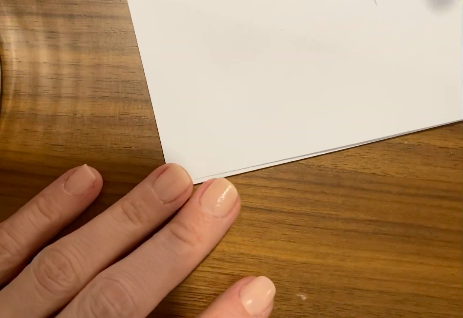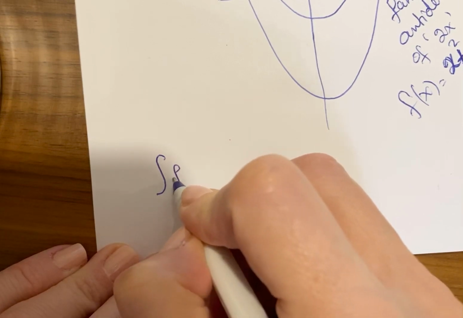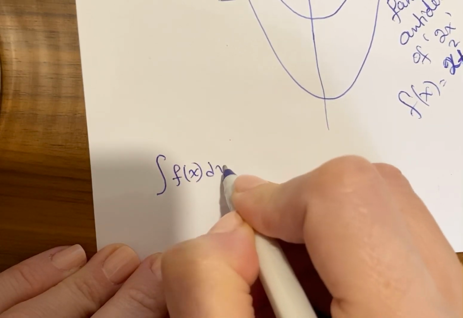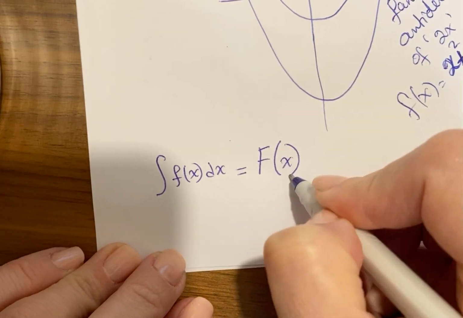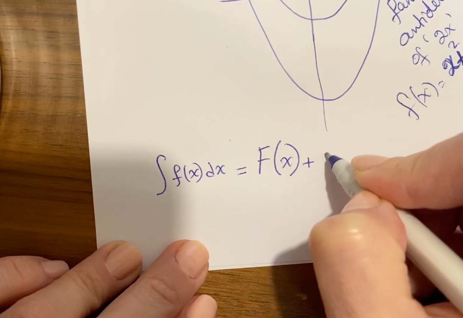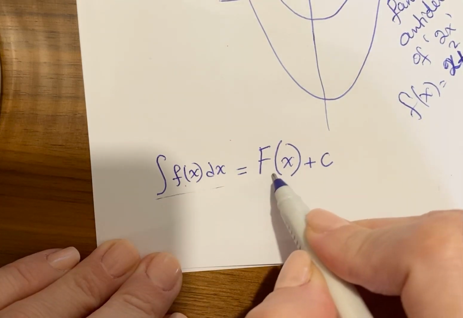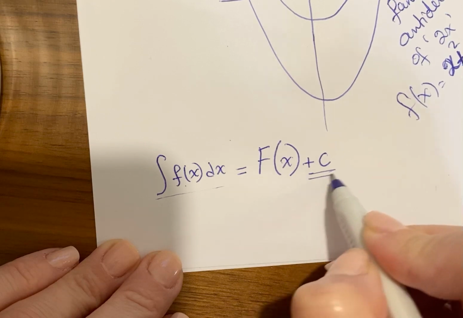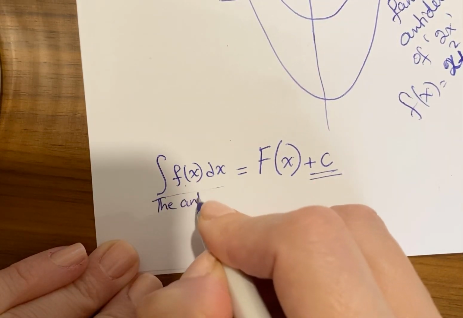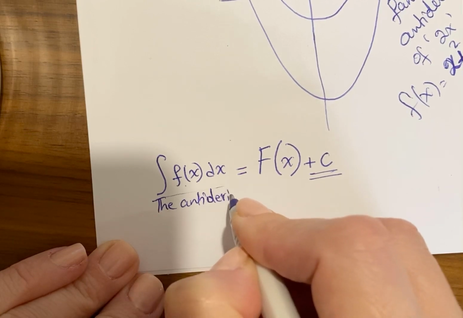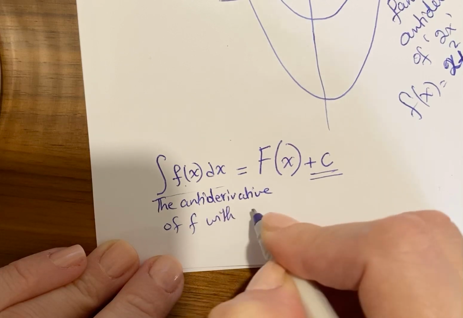Now, what is the notation for that? We say the antiderivative of a function f is another function, which we usually represent as capital F of x plus c. This is read: the antiderivative of f with respect to x.